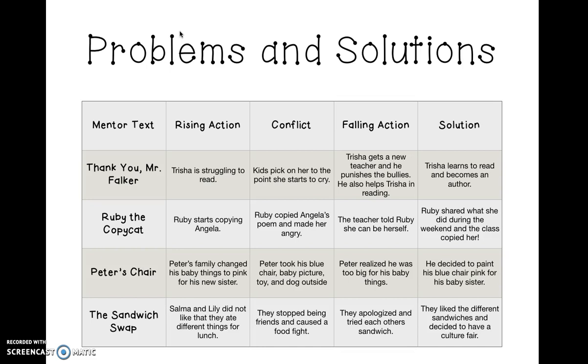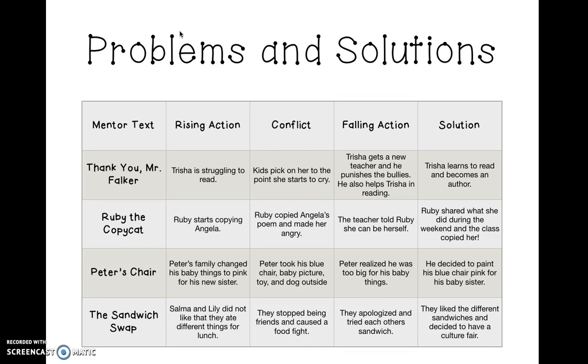Well, this makes Peter very angry, and so the conflict is that he decides to take his blue chair, baby picture, toy, and dog and go sit outside and pretend that he's going to live out there instead of in his house. Well, when he sat into his chair and realized that he was way too big for it, he realized that maybe this wasn't the best idea, and so he solves his problem by going inside and painting his blue chair pink for his new baby sister.